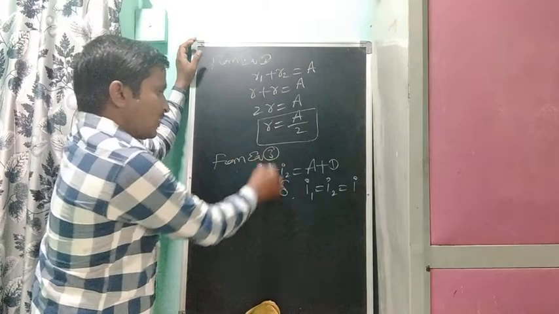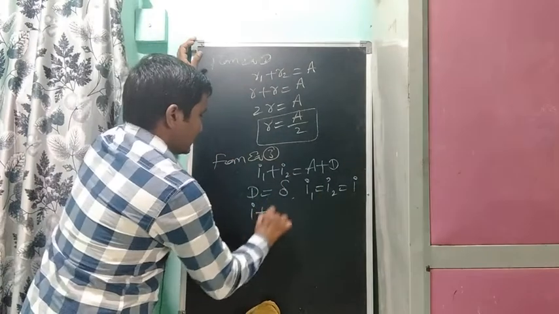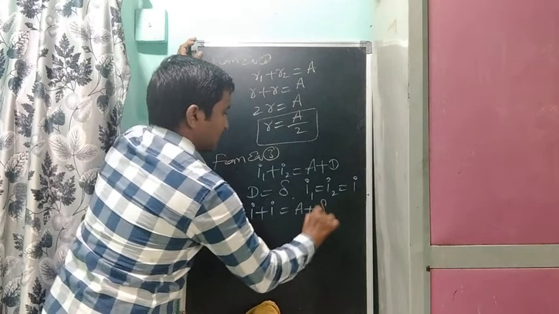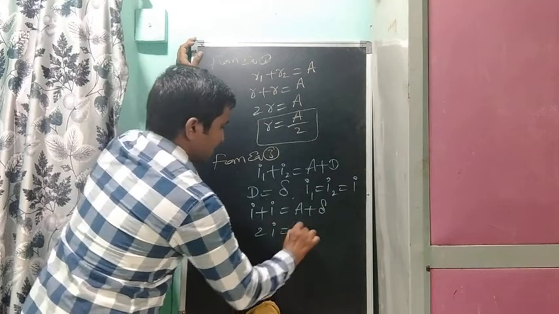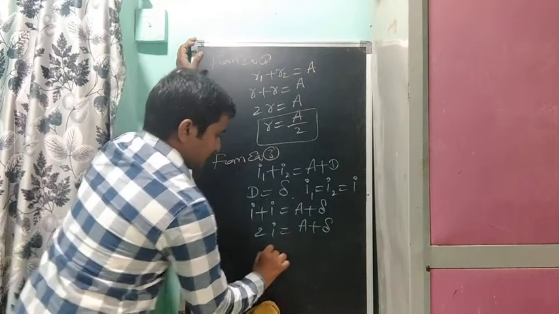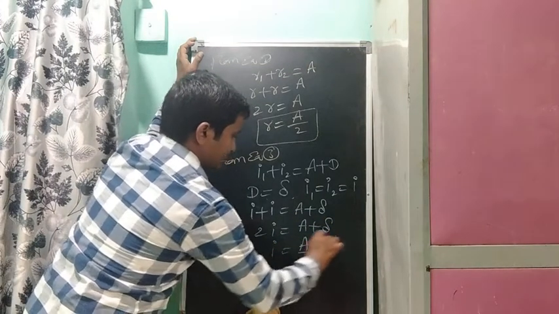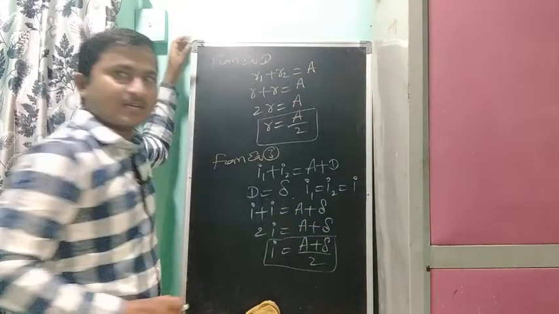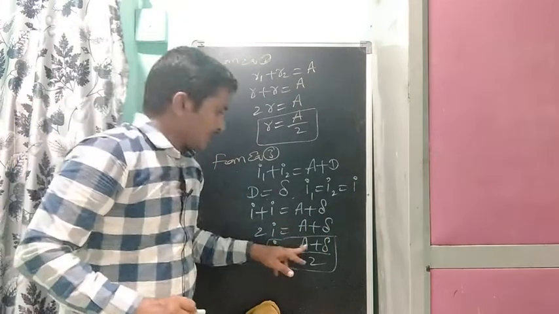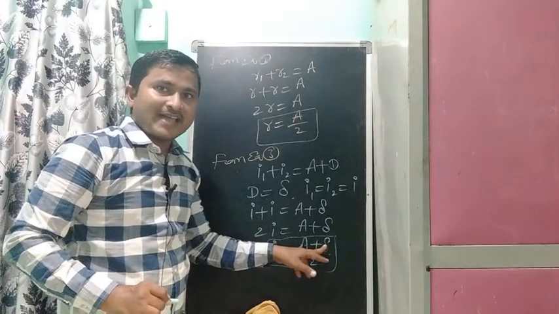If you substitute these values in this equation, I plus I equal to A plus delta. From this, 2I equal to A plus delta, so I equal to (A plus delta) by 2, where A is the angle of prism and delta is the angle of minimum deviation.